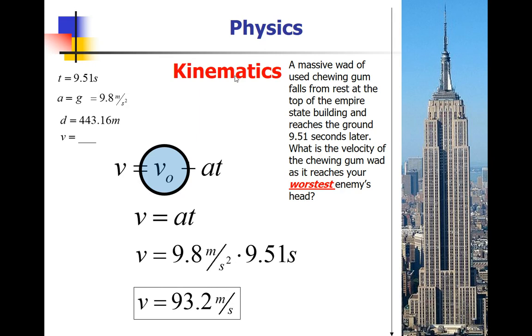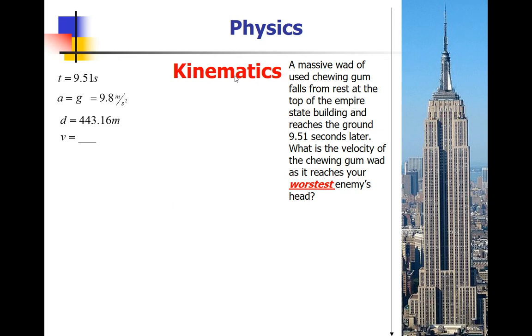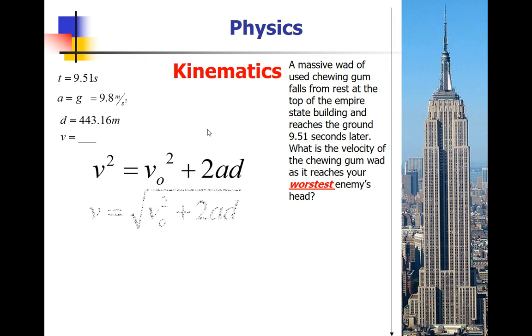But as I said, there's more than one way to get to the results of this problem. With those same givens, the initial velocity at rest and an acceleration in the distance, I could have gone with the v squared equation, solving for the square root. I'm left with v is the square root of v naught squared plus 2ad.